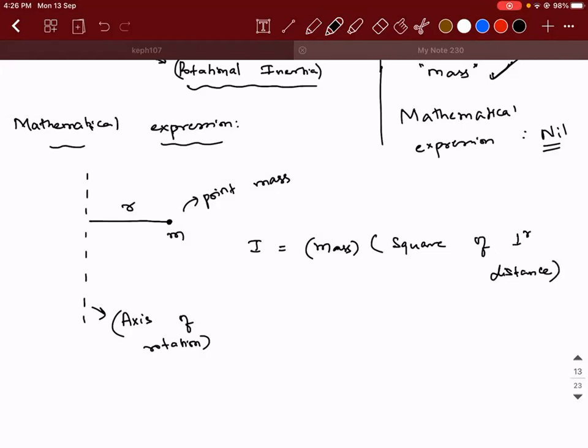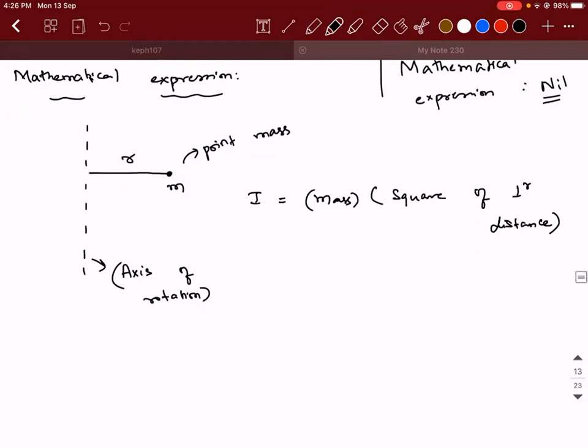Remember, the distance between a point and a line is always the perpendicular distance. So this will be m into r square. So the moment of inertia is mass into distance square.